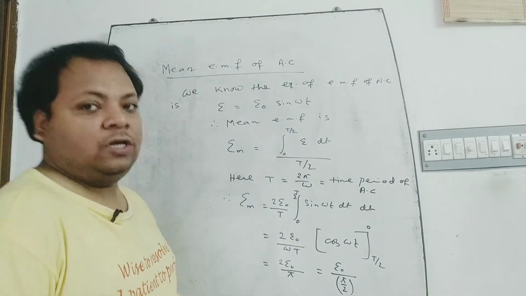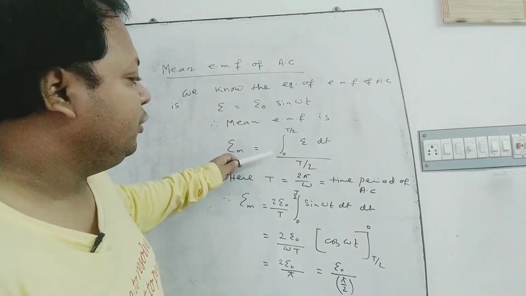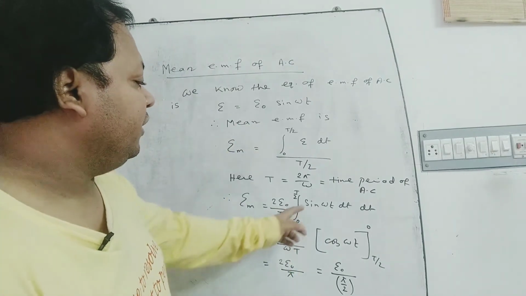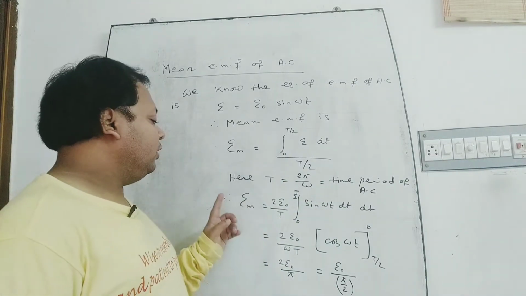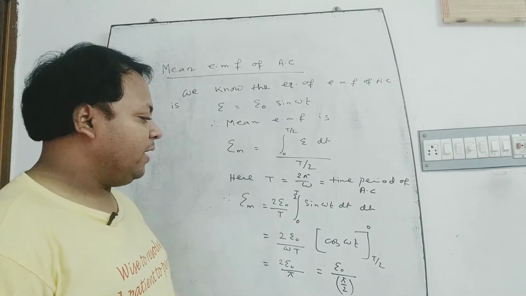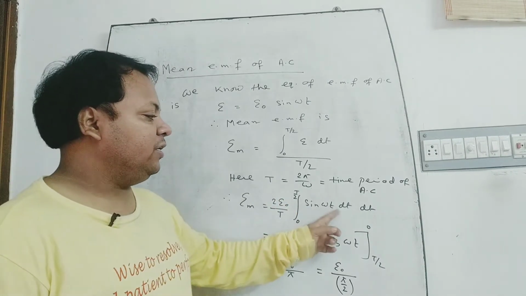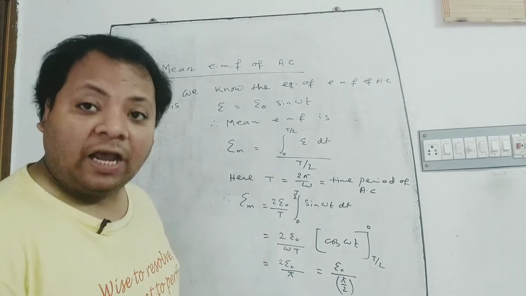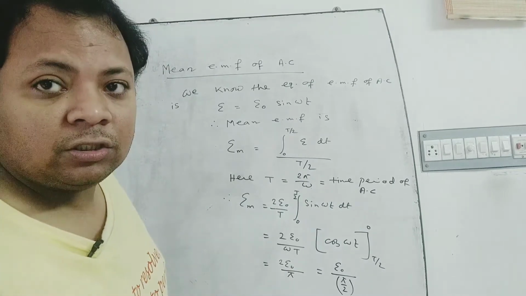In this case, we considered the integration limit 0 to capital T by 2 because in a whole time period the integration of sine or cos will be 0. Therefore, epsilon m, or mean EMF, is equal to 2 epsilon 0 by capital T times the integration from 0 to T by 2 of sin omega t dt. Now the integration of sin omega t is minus 1 by omega cos omega t.